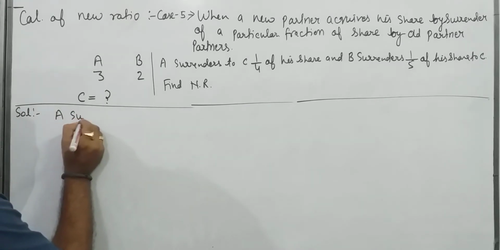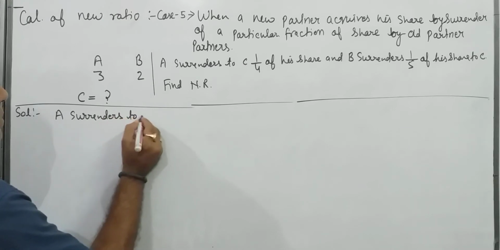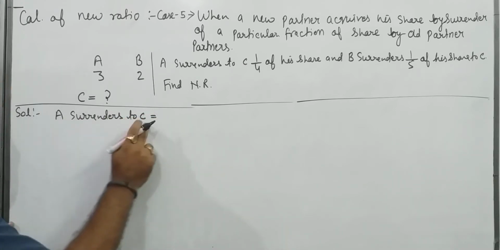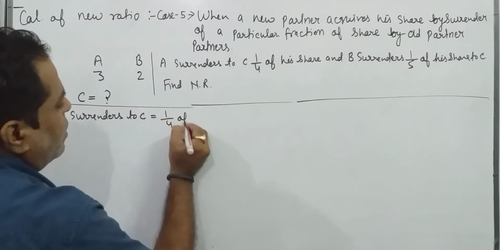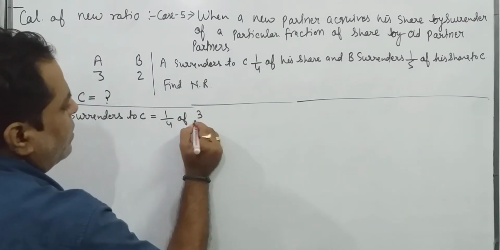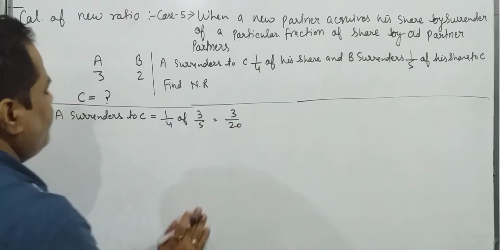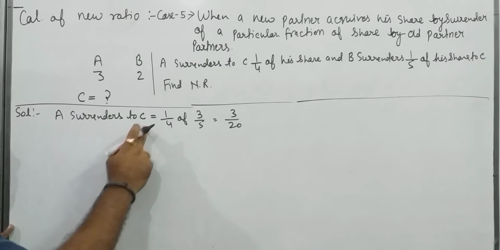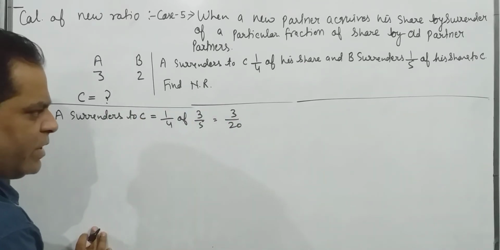A surrenders to C 1/4 of his share. 3/5 means 3/20. A surrenders to C 1/4 of his share, that is 3/20.